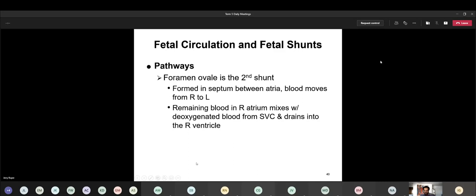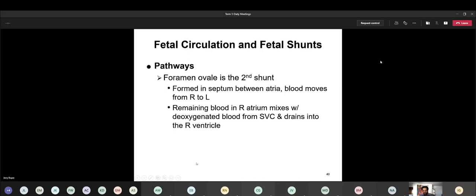Now, the blood coming from the superior vena cava is mixing with the blood that just got there from the inferior vena cava. I've seen this argument go many different ways.